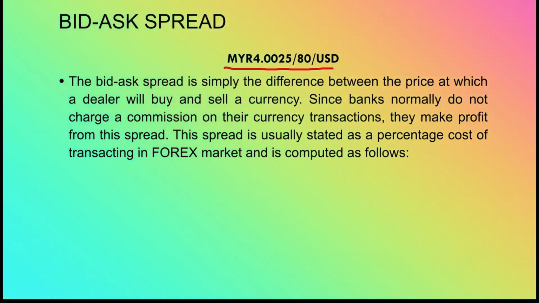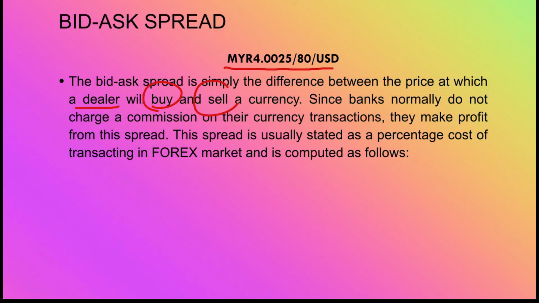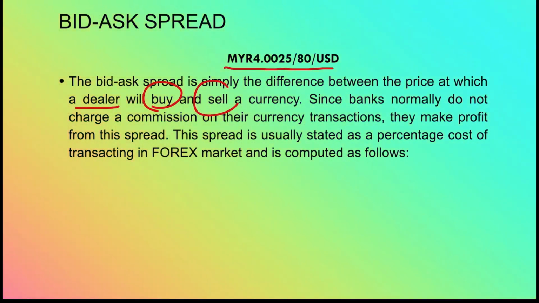Then we will proceed to the bid-ask spread. Still within the similar example, the bid-ask spread is simply the difference between the price at which a dealer will buy and sell a currency. Banks normally do not charge a commission on their currency transactions. They make profit from this spread.